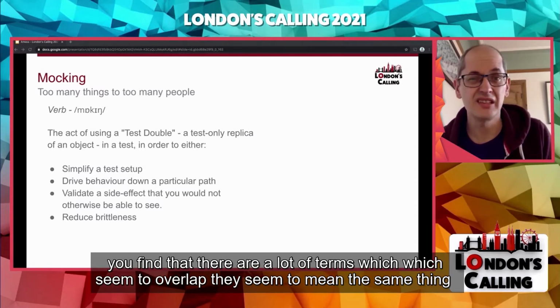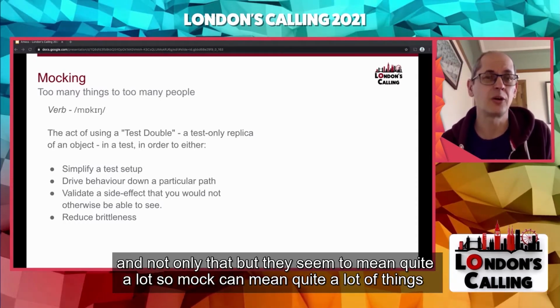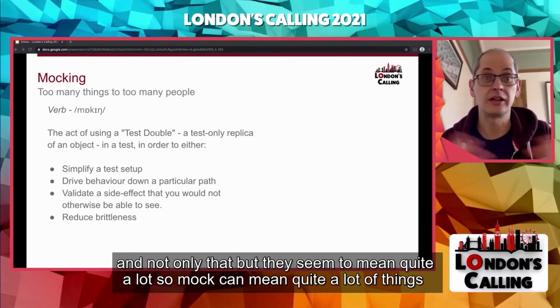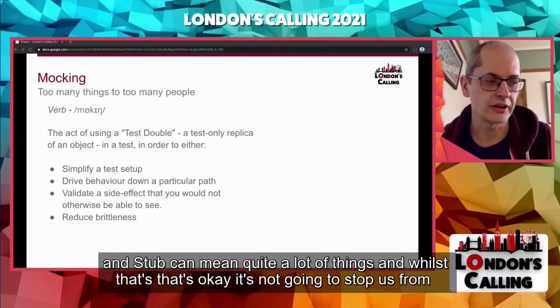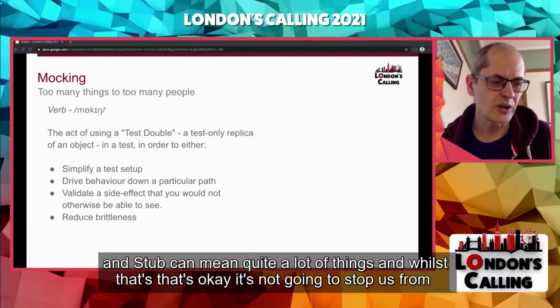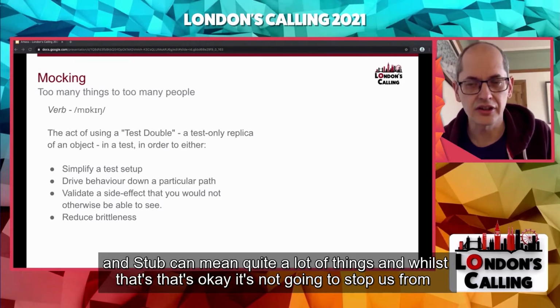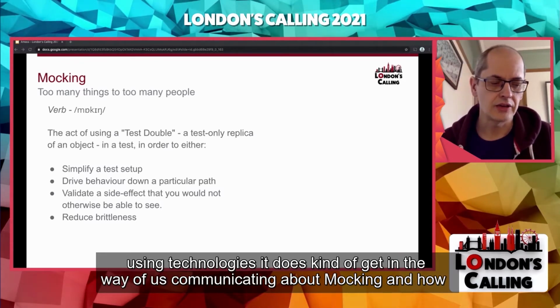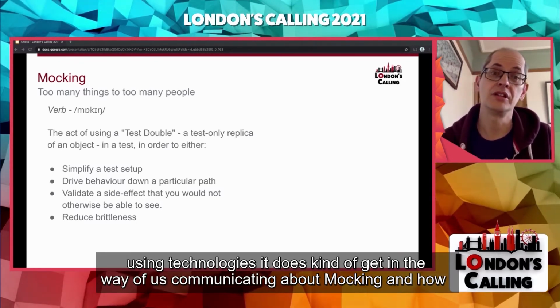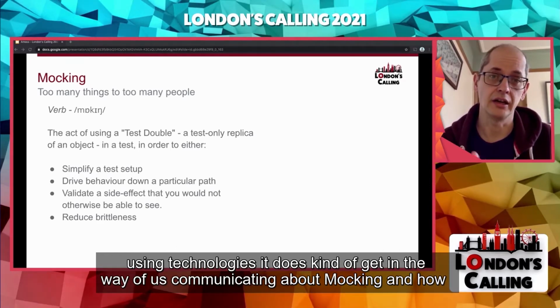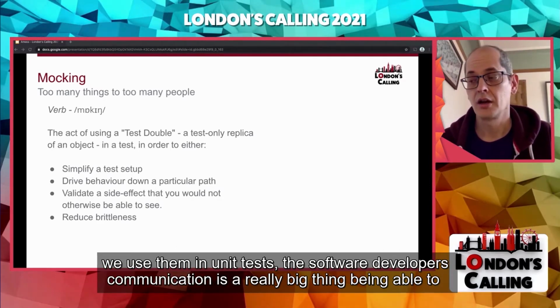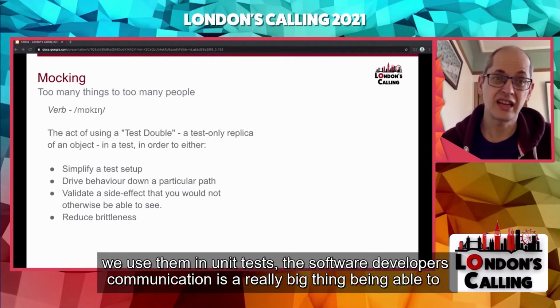They seem to mean the same thing, and not only that, but they seem to mean quite a lot. So mock can mean quite a lot of things, and stub can mean quite a lot of things. And whilst that's okay, it's not going to stop us from using technologies. It does get in the way of us communicating about mocking and how we use them in unit tests.